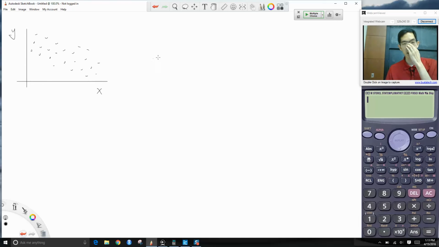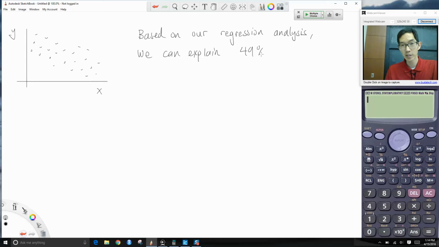All right, and I'll say, okay, based on our regression analysis, so this will be a clicker question here: based on our regression analysis, we can explain 49% of the variation in y with the inclusion of x.